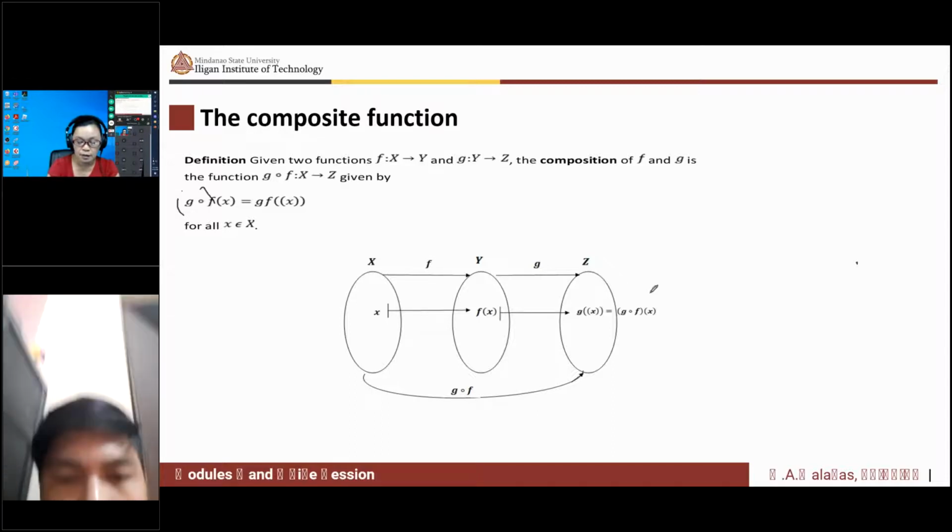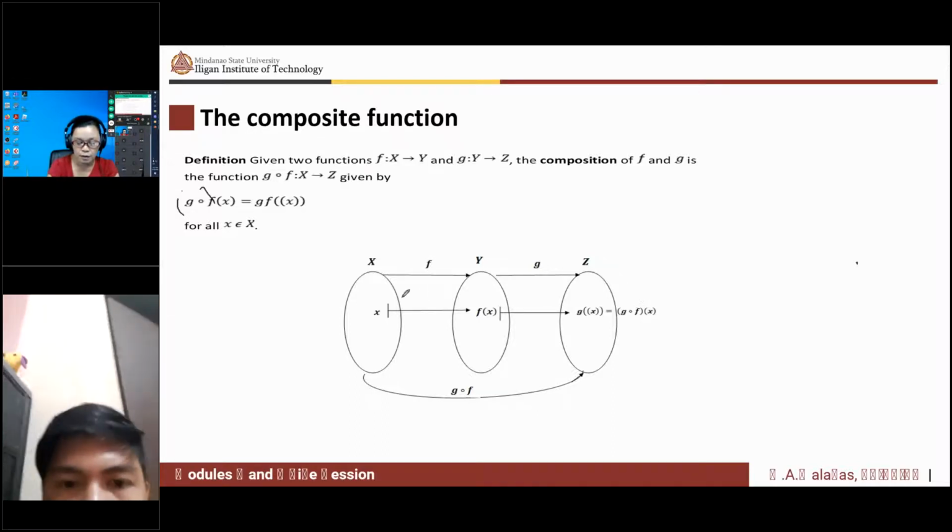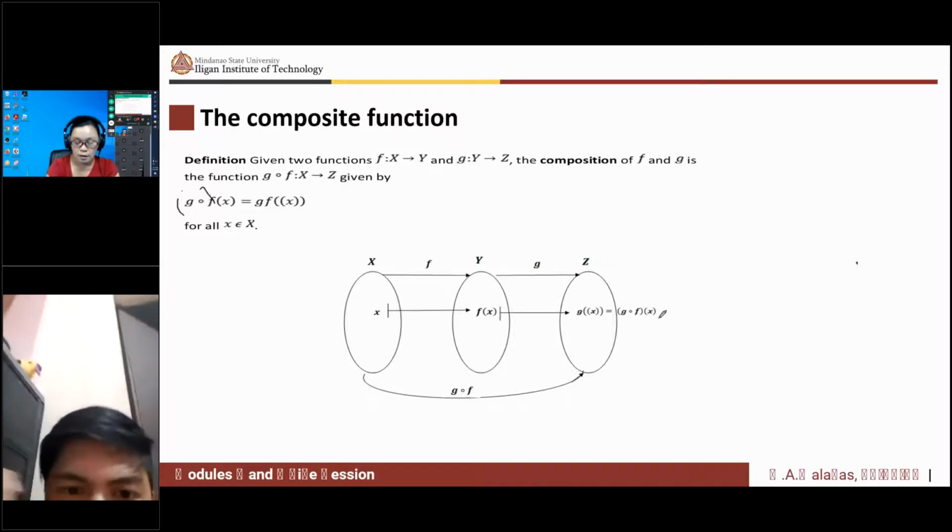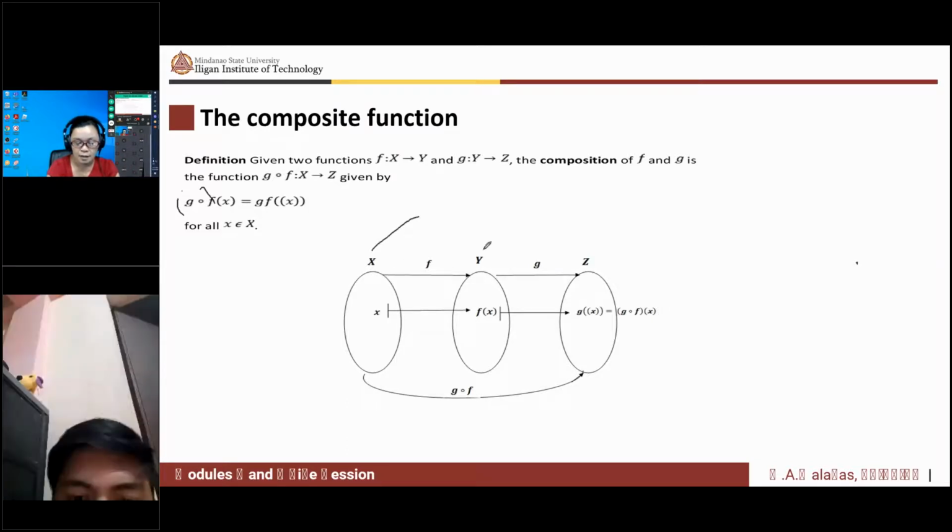Graphically, we can look at the composition function here. If you look at the screen, you have the set X, the set Y, and the set Z. You have the function f from X to Y, and a function g from Y to Z. Take note that the range of f is a subset of the domain of g.